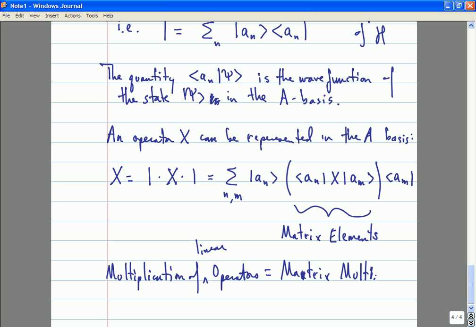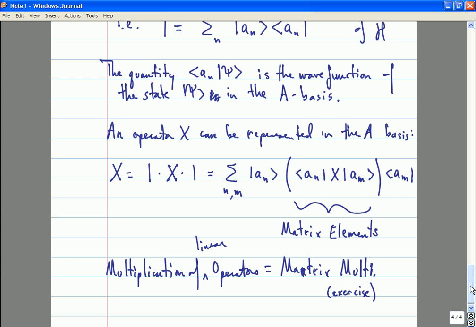And if that's not obvious, prove it, as you will prove many things in linear algebra, by putting ones all over the place and expanding in terms of these basis elements.